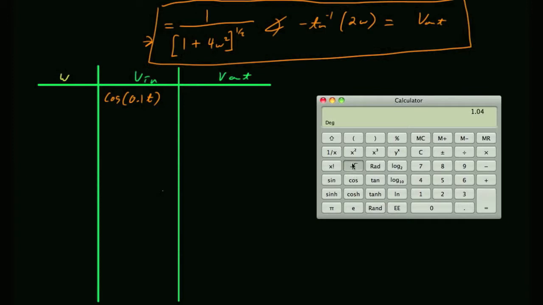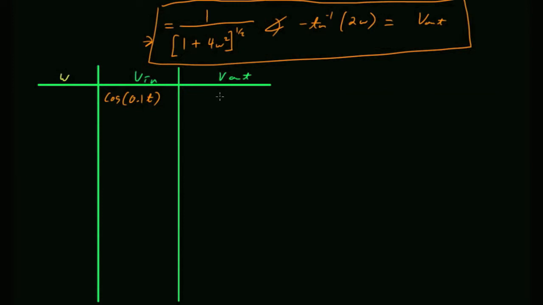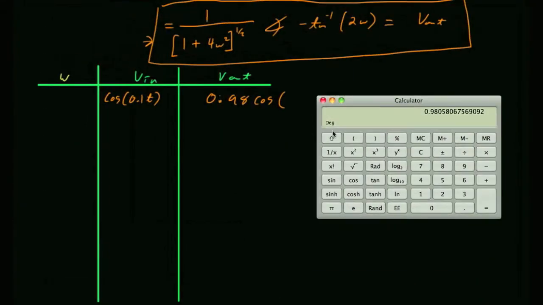Can someone tell me what they got for their magnitude? 0.98. Right. I'm getting 0.98 cosine. Cosine what? 0.1 t.